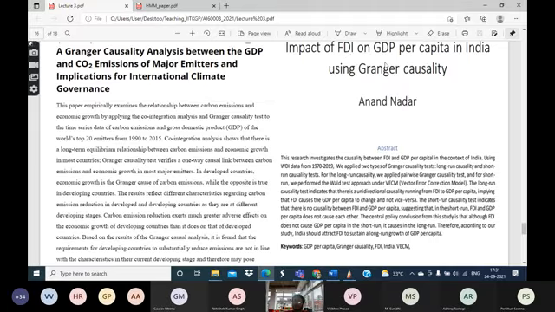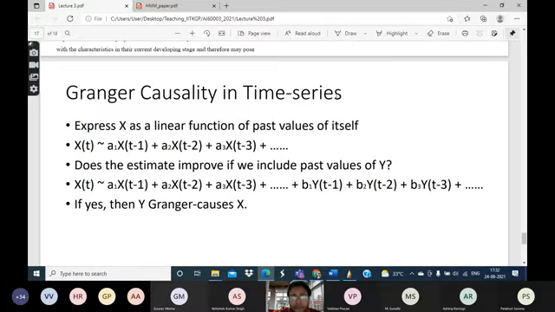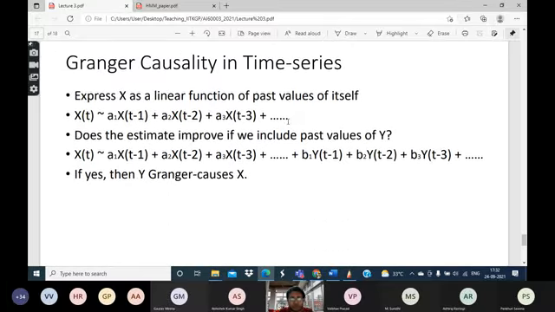So again, this is a question of causality, that is whether FDI causes GDP growth or GDP causes FDI. That is a different question. Both of these questions are to be answered in the framework of Granger causality. So what is Granger causality saying? What we try to do is essentially a regression analysis. In one case you assume that there is no relation between the two, x and y.